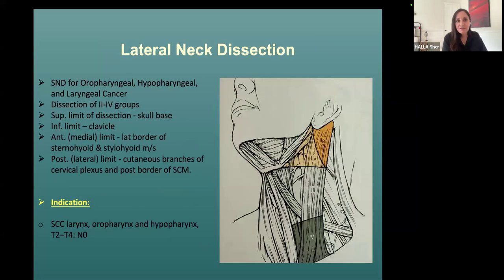Lateral neck dissections involve dissection of levels 2 through 4, which we see here, all the way down here.